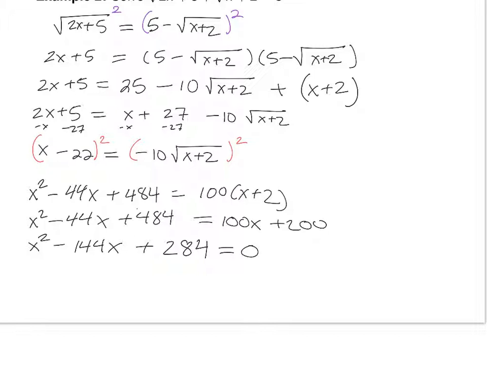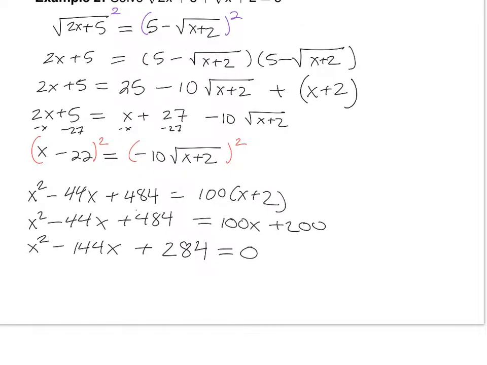And you're hoping, oh my gosh, please factor, please factor, and please be an easy factor, right? I don't know the factors of 284, but what is 284 divided by 2? Yeah, 284 divided by 2 is 142. Why is that helpful?